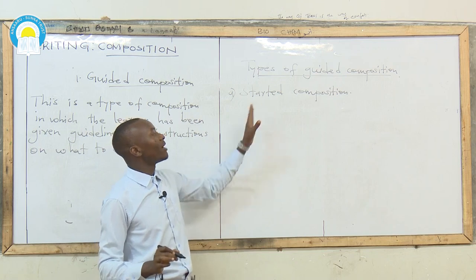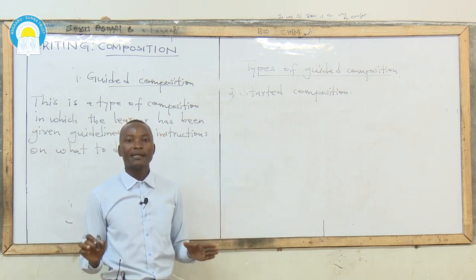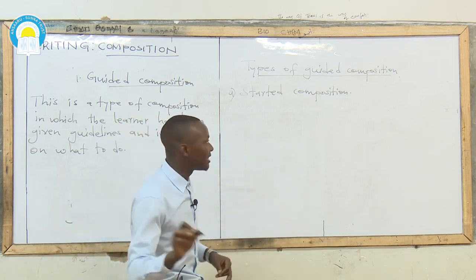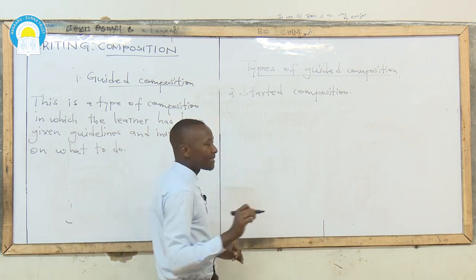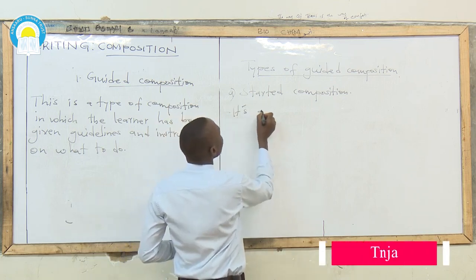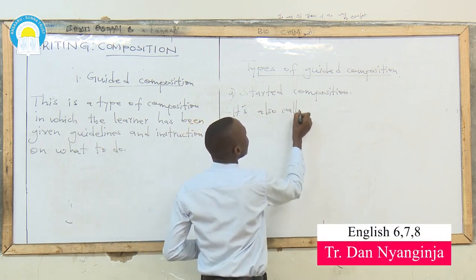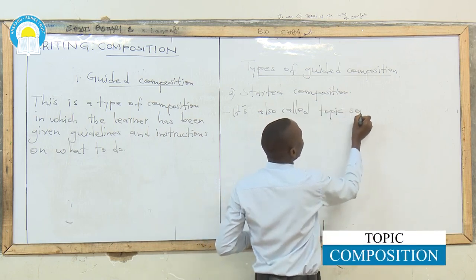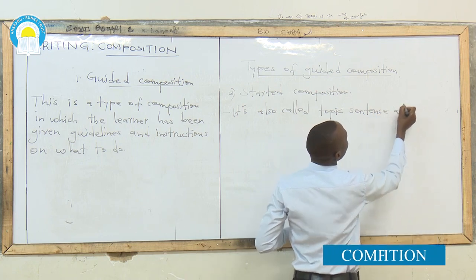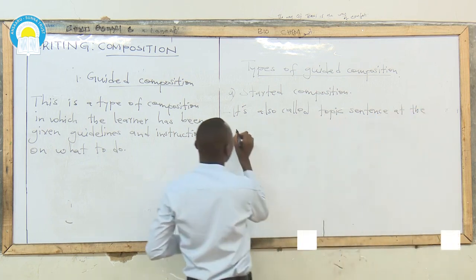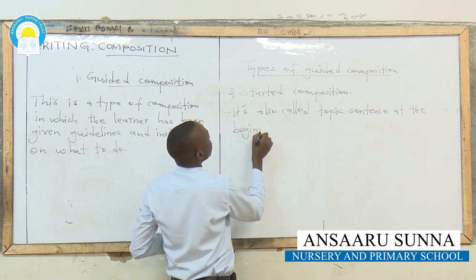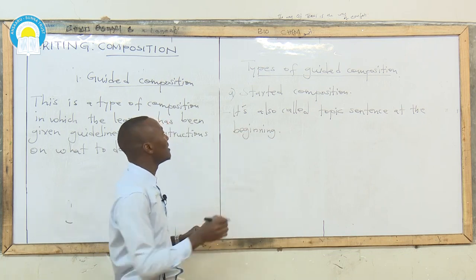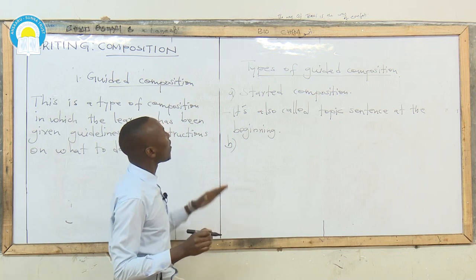Now, this started composition is also called topic sentence at the beginning. Then another example, I'll explain this in details, but let me finish all the types of guided composition.